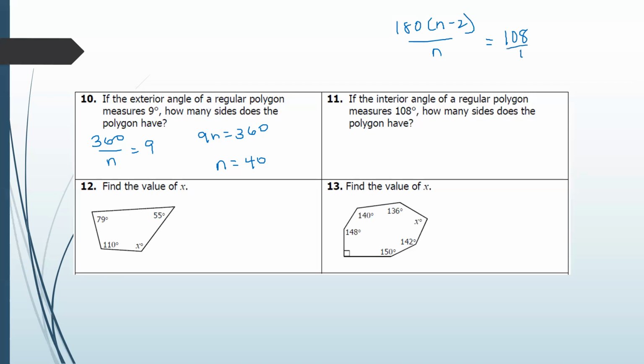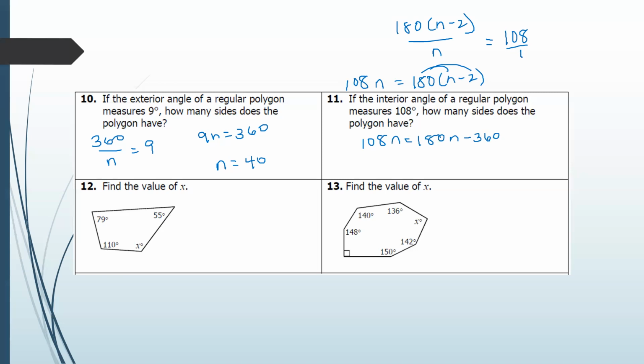We could cross multiply. 108 times n is 108n. 180 times n minus 2 times 1, well, that's just 180 times n minus 2. Distribute your 180. Oh, I've run out of space. I'll come down here. I'm going to subtract 180n from both sides.